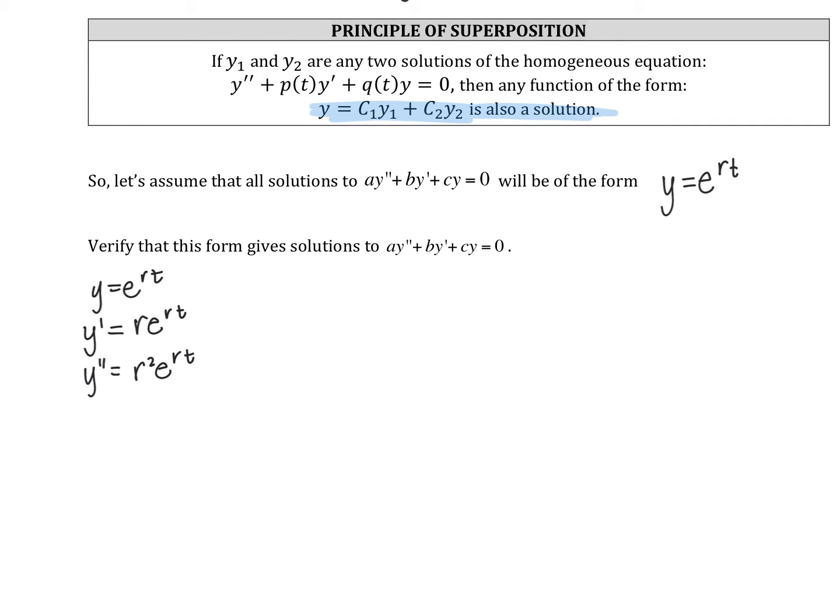Get ready. We love quadratics. Okay, so this is going to lead us to how we find our solution. I'm going to substitute this in. So a times y double prime, r squared e to the rt, plus b times y prime, which is r e to the rt, plus c times y, which is e to the rt, and that needs to equal 0.